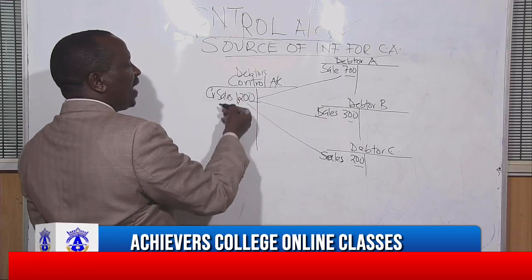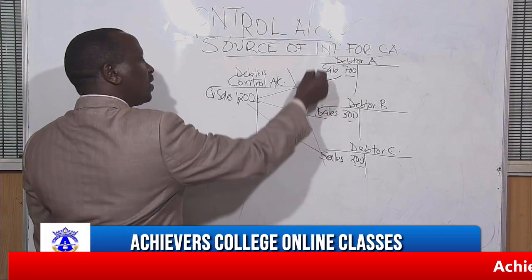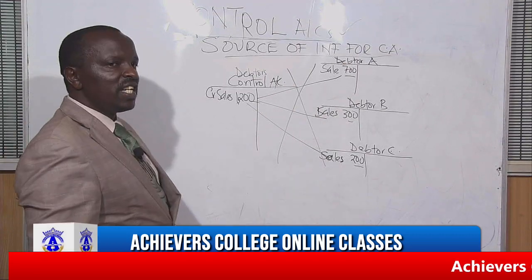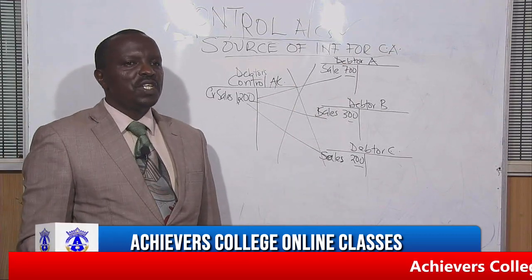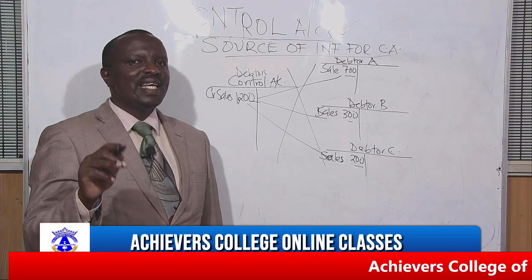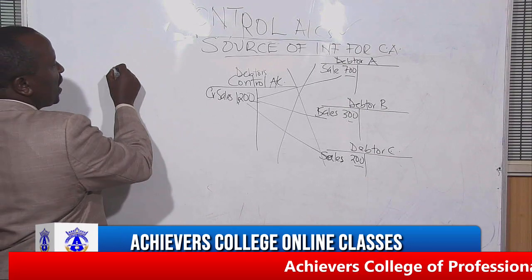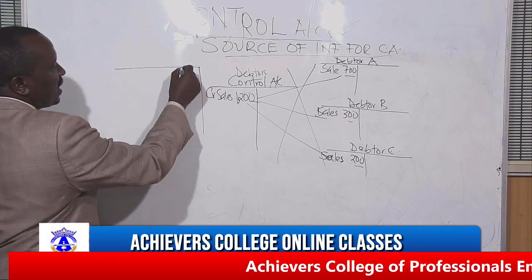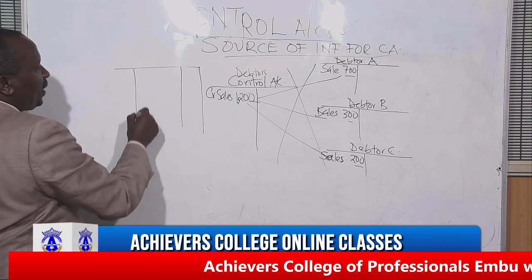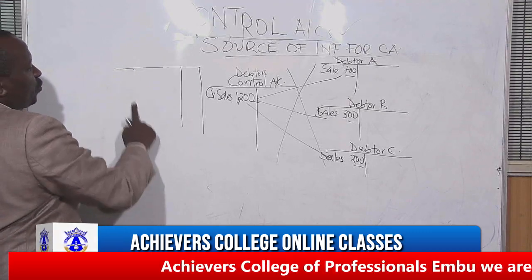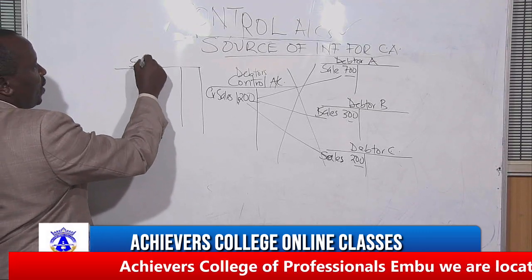Now that one is wrong. This is not where we take our financial statements. This is not where we get our figures for the debtors. Let me show how we get our figures for the debtors. This is something else that we call the sales day book.